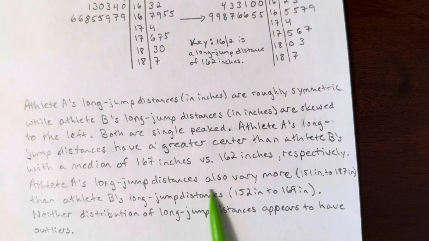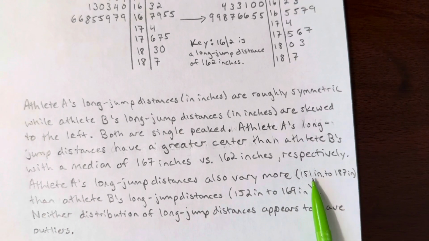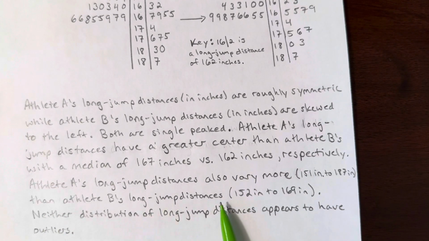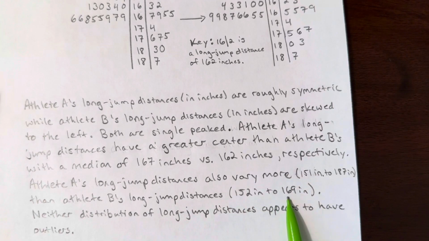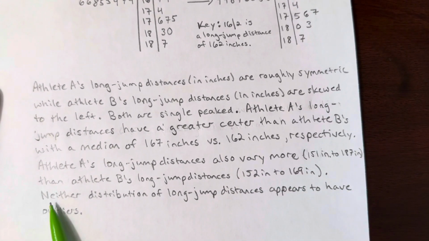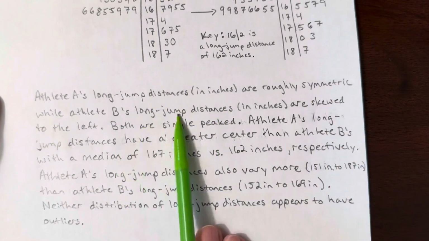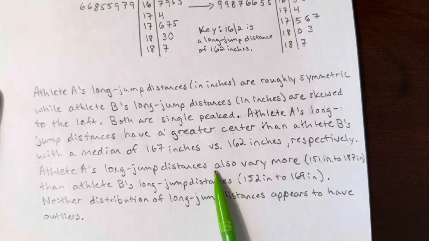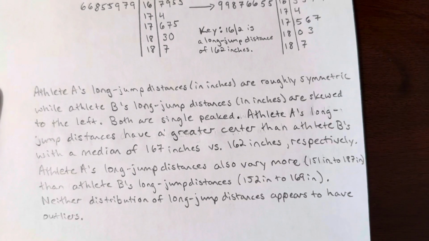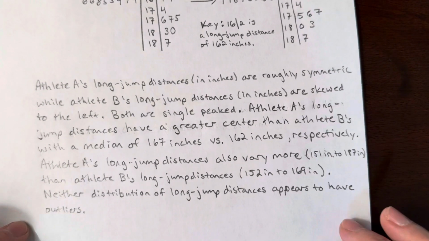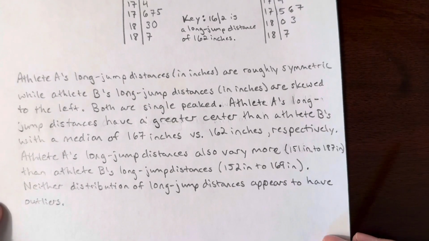Athlete A's long jump distances also vary more, 151 inches to 187 inches, than athlete B's long jump distances, 152 inches to 169 inches. Neither distribution of long jump distances appears to have outliers. So I've described the shape, the center, variability, and whether or not there are any deviations from the majority of the data. This is how you compare using specific comparison language.